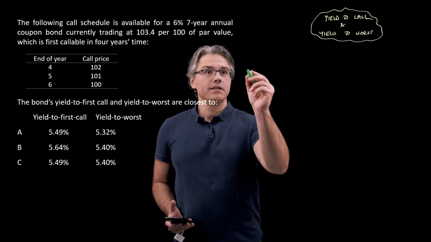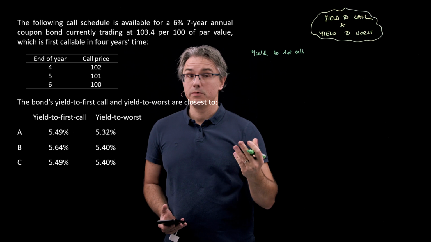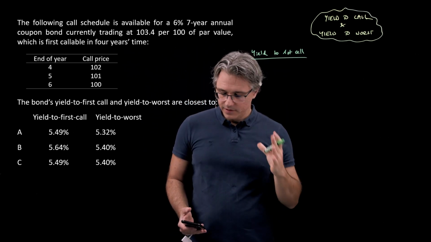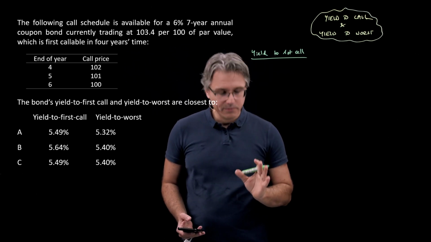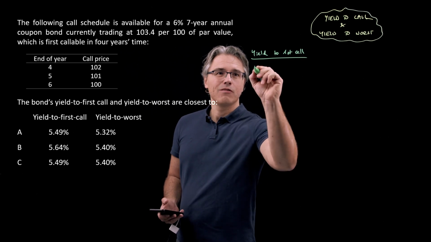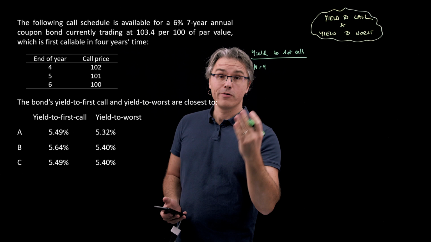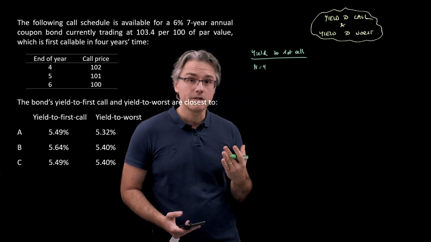Okay, let's start with the yield to first call, which we were asked about in the question. So we're going to use the time value of money worksheet on our calculators, but this time for n, we will be plugging in the number of years equal to 4, because the end of the 4th year is the first time when the bond may be called.